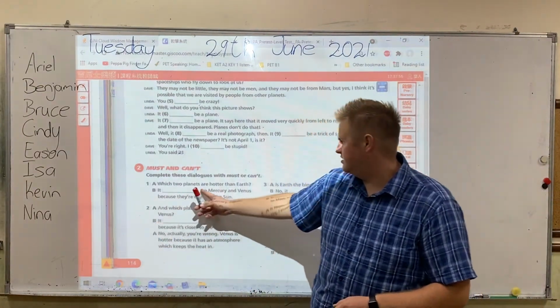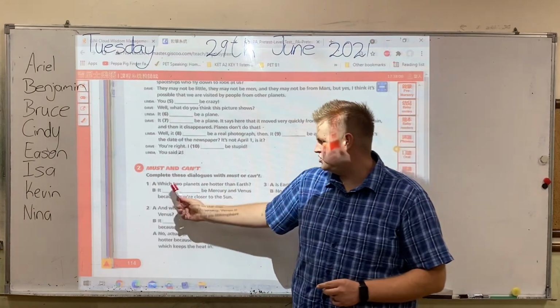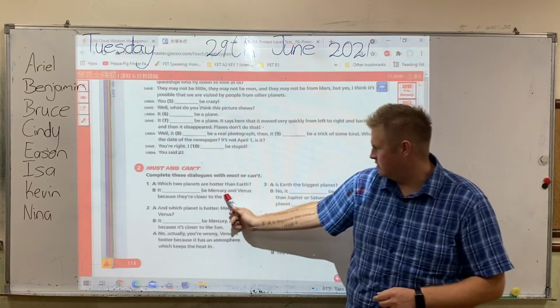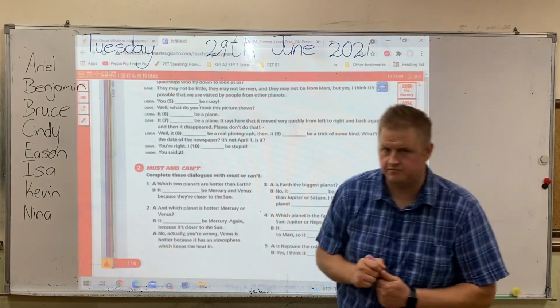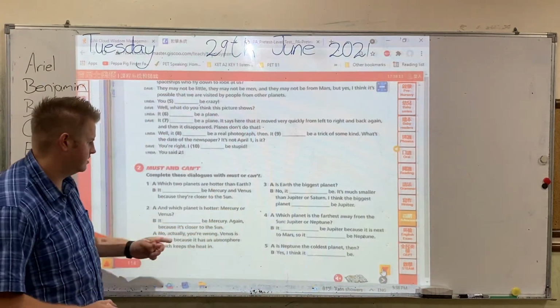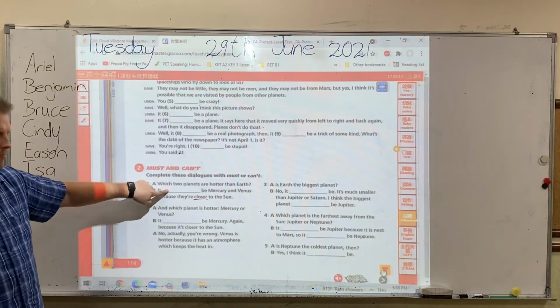Which two planets are hotter than Earth? A, it must be Mercury and Venus because they are closer to the Sun. So if these two planets are closer to the Sun, it must be.